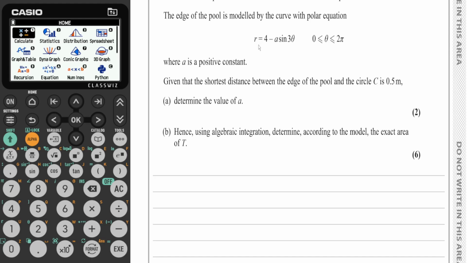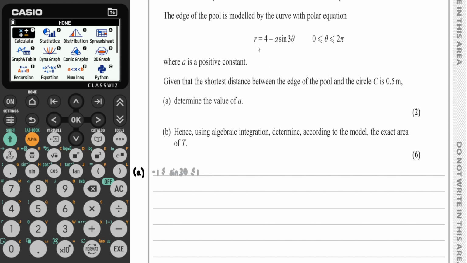The maximum value of r is 5.5, and we can find it by considering this equation. I know sine 3 theta is bounded between negative 1 and 1.